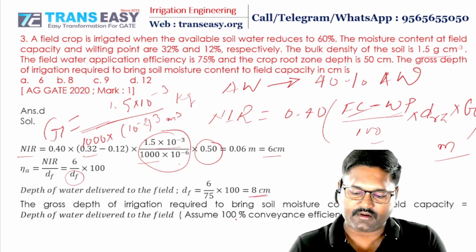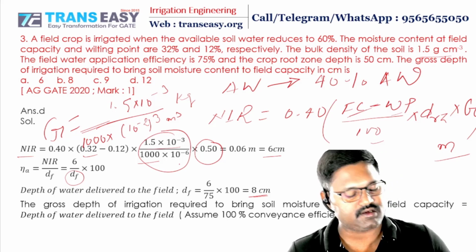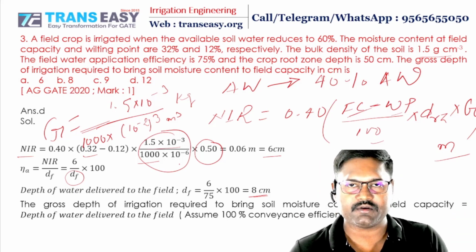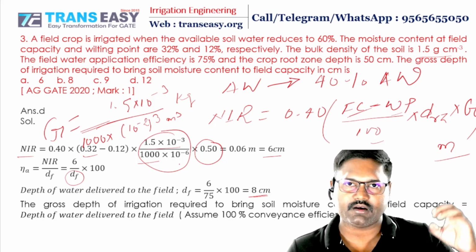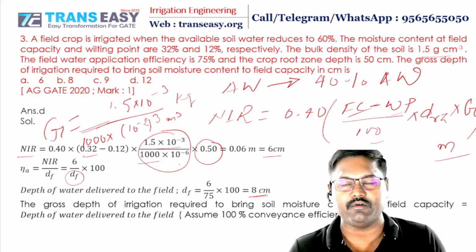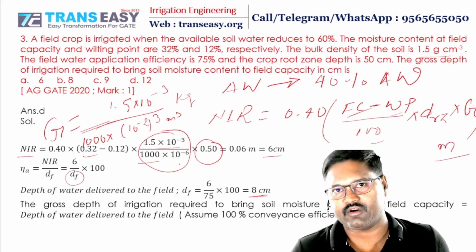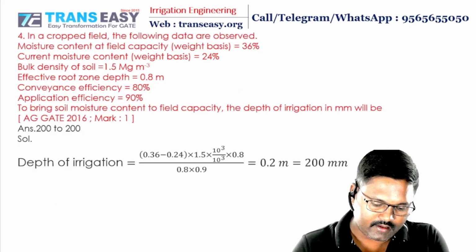The gross depth of irrigation required to bring the soil moisture content to field capacity is equal to depth of water delivered to the field. Because conveyance efficiency is not given, in its absence we will consider conveyance efficiency as 100%. So depth of water diverted to the conveyance system is equal to depth of water delivered to the field. And here we have calculated depth of water delivered to the field. That is the answer. This is gross depth of irrigation requirement.